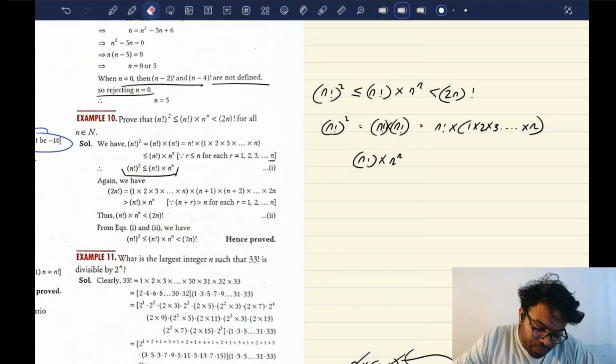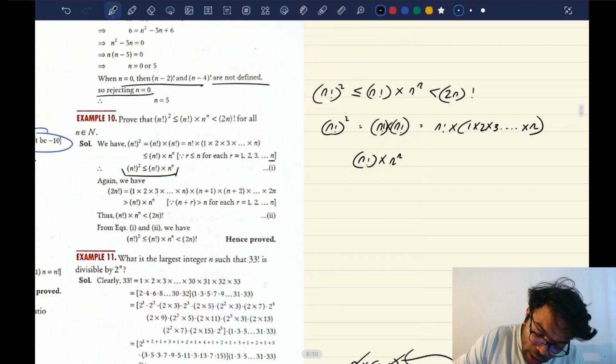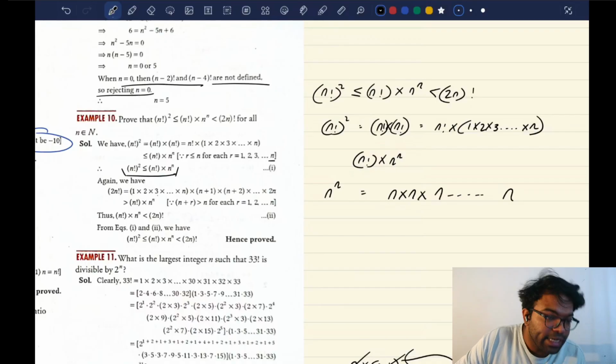Now for the RHS, 2n factorial can be written as what? 1 into 2 into 3 into up to n factorial, times n plus 1 into n plus 2 up to 2n. So which has to be greater than n factorial into n to the power of n. Why? Because when you had n to the power of n, you were multiplying n into n into n dot dot dot n, n times.